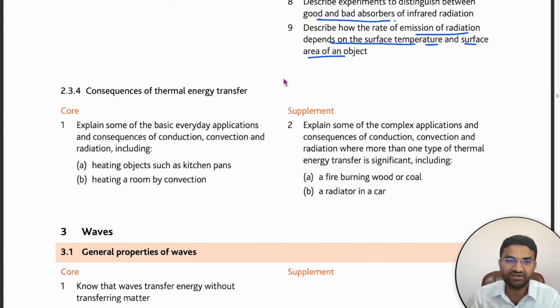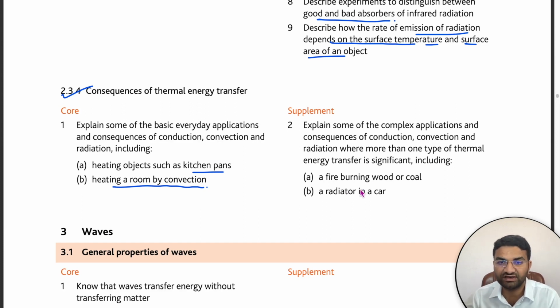Next, consequences of thermal energy transfer, for example a kitchen pan, heating a room by convection. You have to understand these for the extended student.